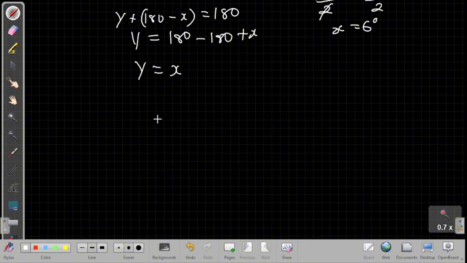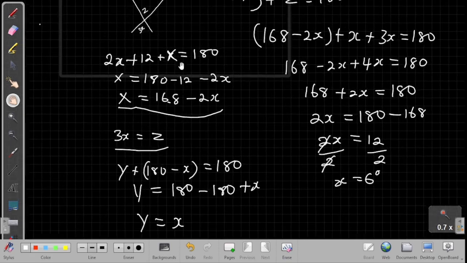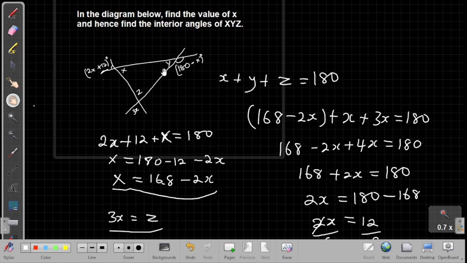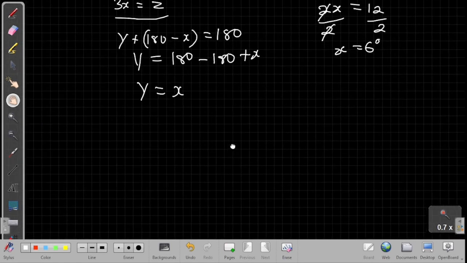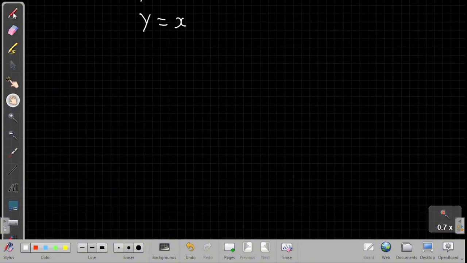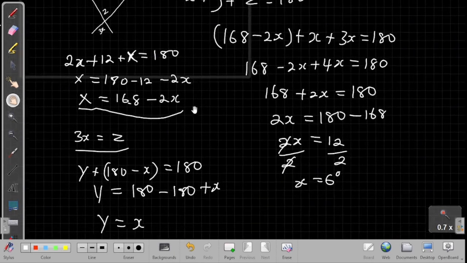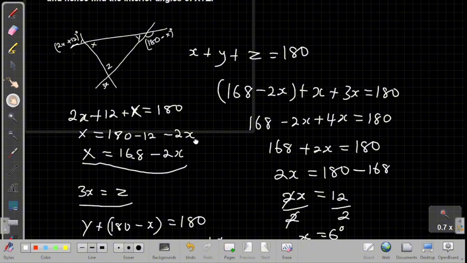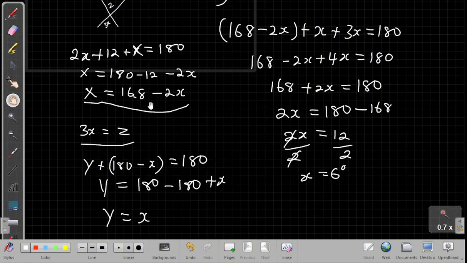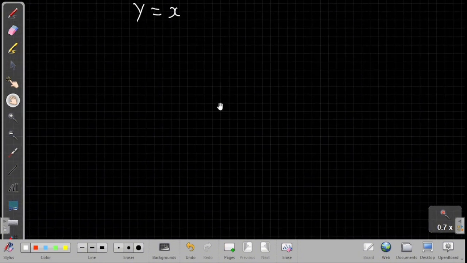So since we have gotten our x to be 6 degrees, we'll go back and solve each of the problems we were given. We want to look for the angles x, y, and z, right? Let's first do this one, this x. According to what we have here, x is equal to 168 minus 2x.